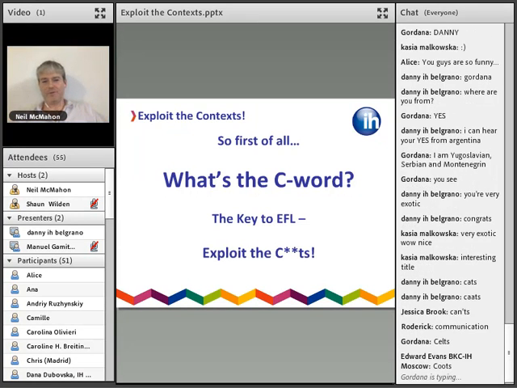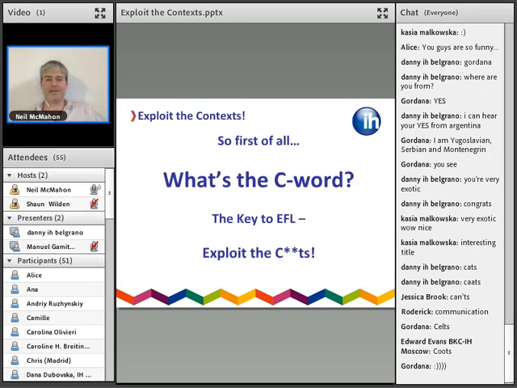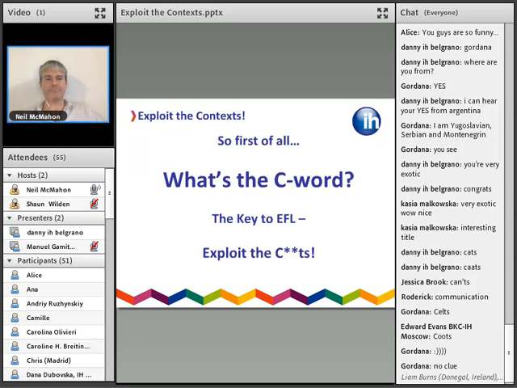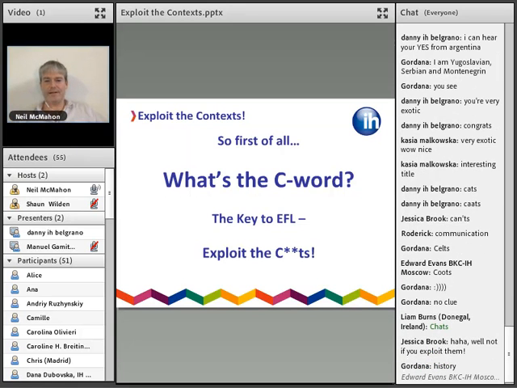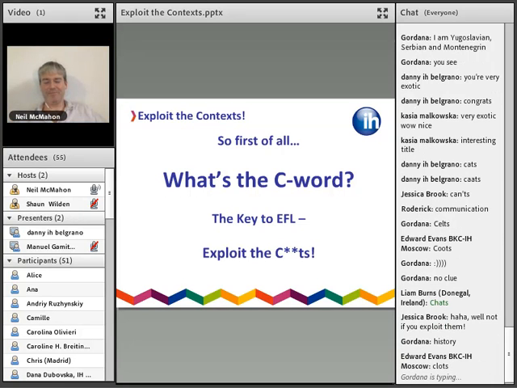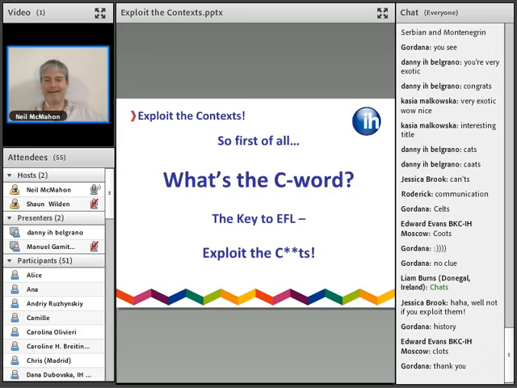Cats are even more crucial when it comes to teaching. But what can we exploit? Cats is a good thing. I will exploit some. Many others can't. Yes, that's a rather negative one, Jessica, but I like it. Fits in. Not too far away. The cells have been exploited throughout history, but I don't think that helps us with English language teaching too much.